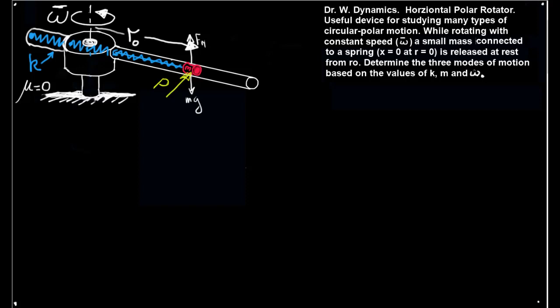And we have a spring force here. And we know from Hooke's law F is minus kx. In our case, it will be minus kr, since r is equal to x.